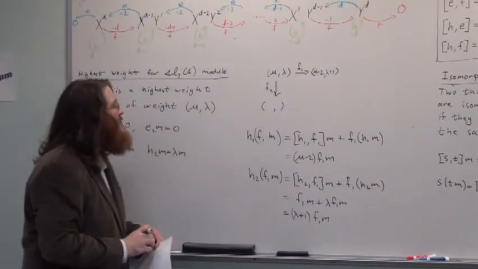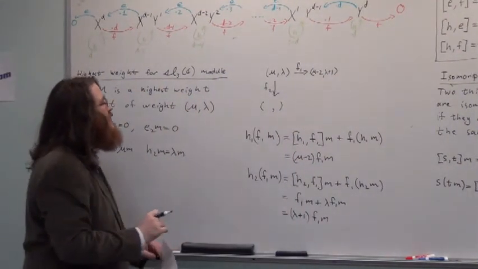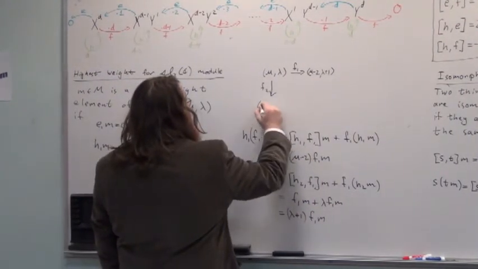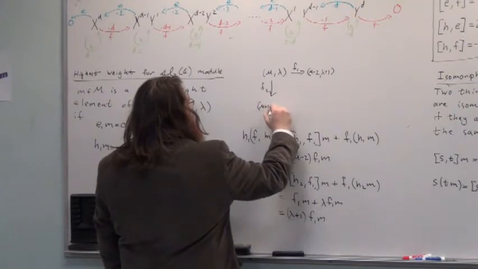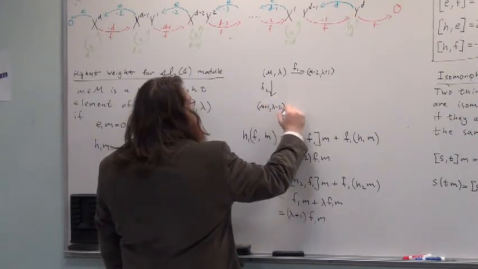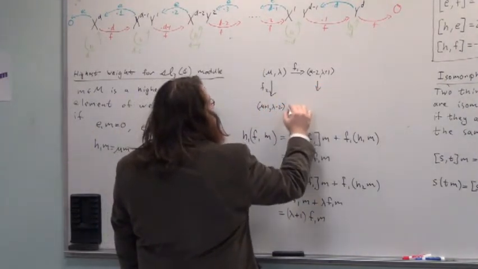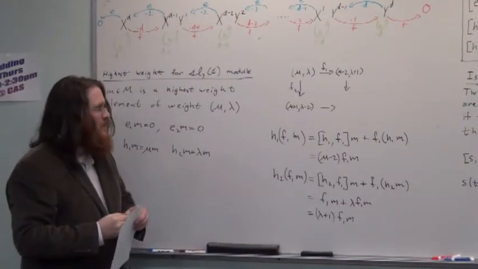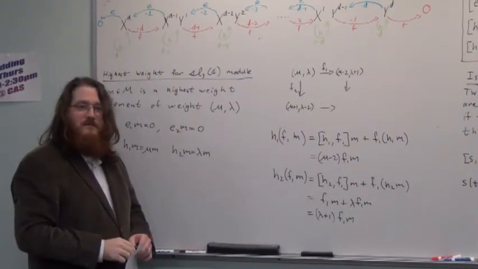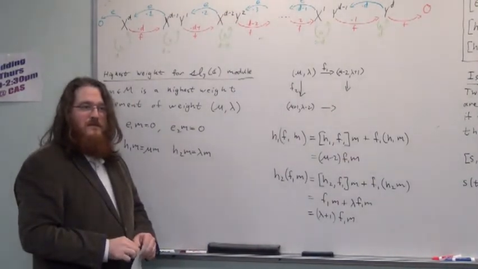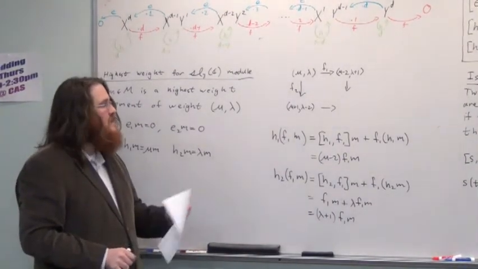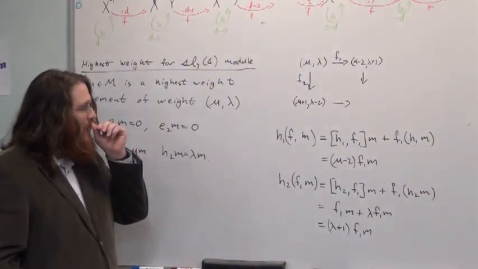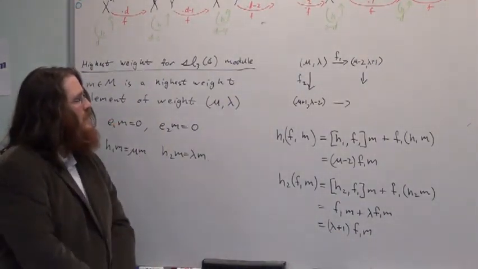I decrease my first term by 2 and increase the second one by 1. If I go by F2, I go to mu plus 1, lambda minus 2. And so I end up getting this 2 by 2 grid. But it is entirely the highest weight that determines the module you're looking at. And I think that's where I'll stop.